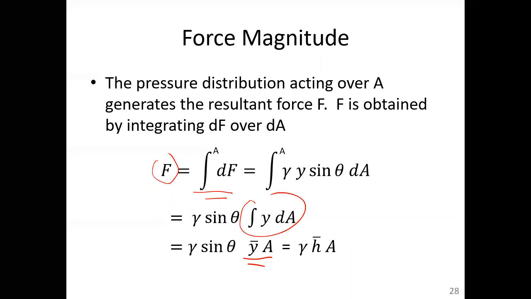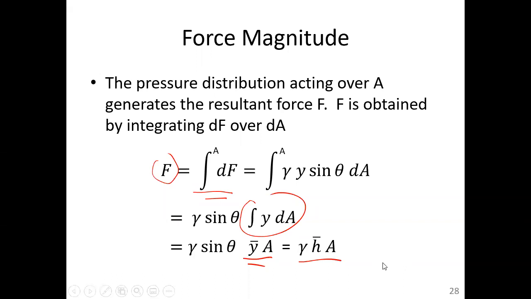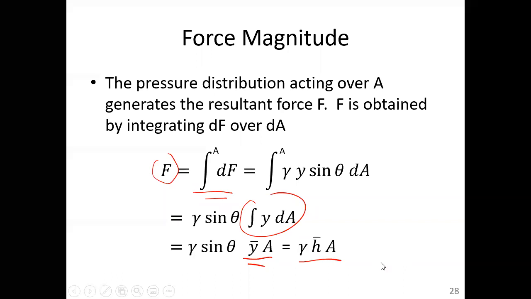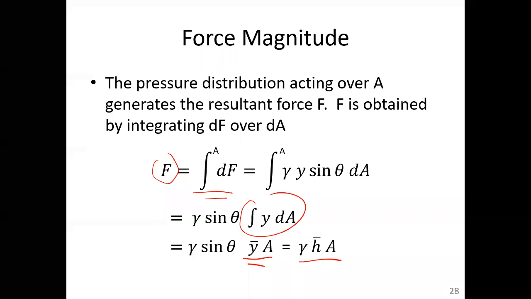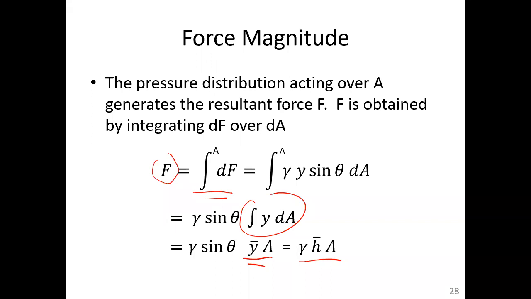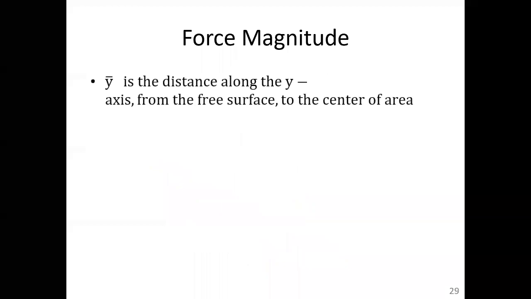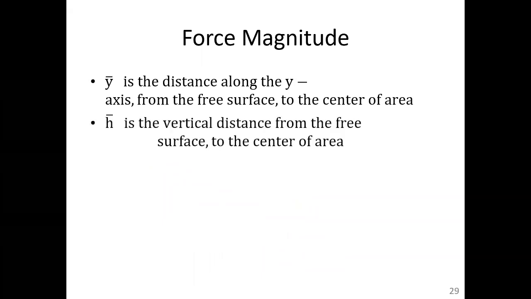So gamma h bar A, or gamma sine theta y bar A. Y bar we measure from the free surface along the y-axis. H bar we measure vertically from the free surface down to the center of area. So again, y bar is the distance along the y-axis, h bar is measured vertically, and we can get from one to the other from the sine of theta.